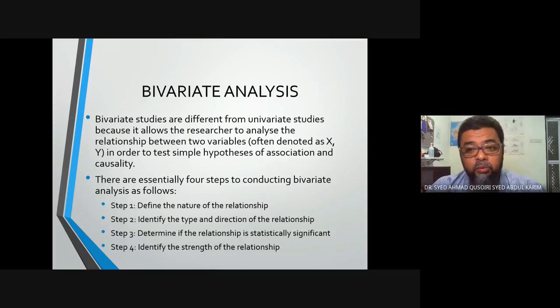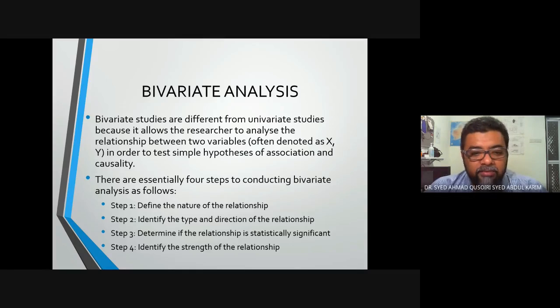But over here, since we already have two variables, we can also try to identify the relationship between those two variables, often denoted as x and y.